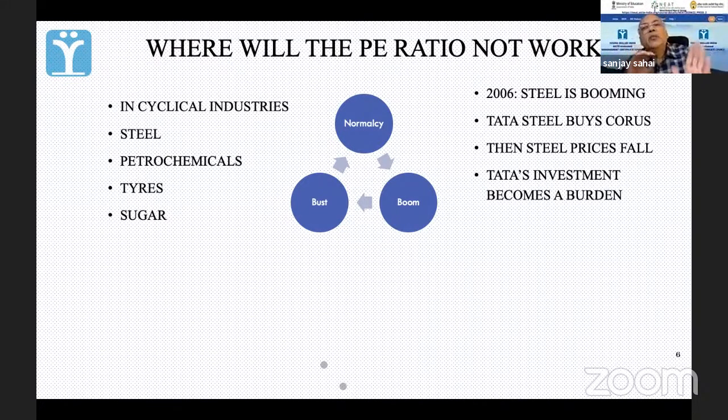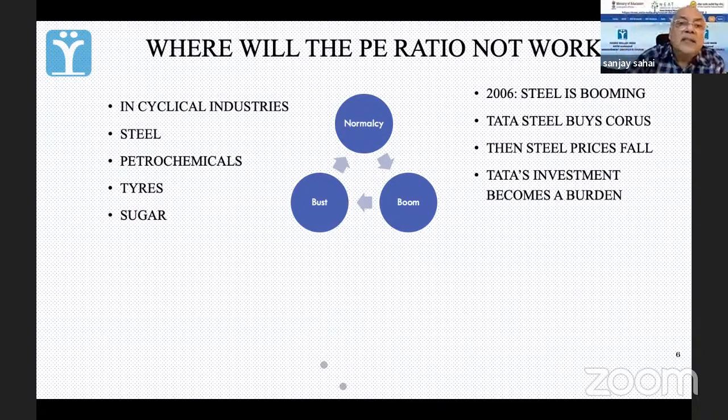Maybe it will have 2 years of good growth, maybe 20, 30%, and then 4 years of bad growth, followed by another 2 years of good growth. The cycle will keep feeding itself. It will go up, then come to normalcy, then go down, again normalcy, then up again. So it will keep moving like that in circles.